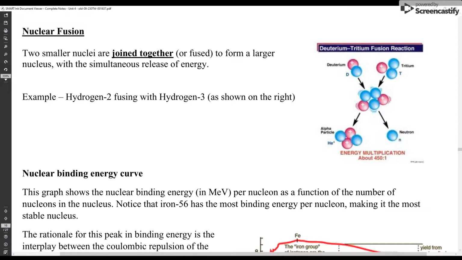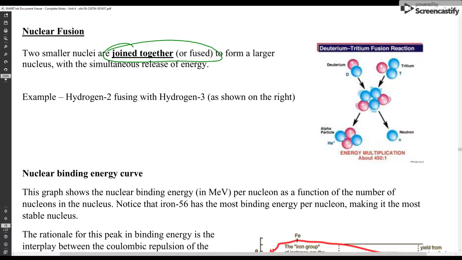So what we get here is 2 smaller nuclei joined together. Think about things fusing together to form larger nuclei. Some of those are stable, some are unstable, and they'll break down. Just looking at the fusion reaction here, it's the same as the picture on the right.